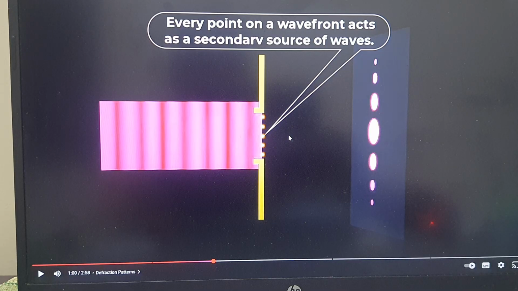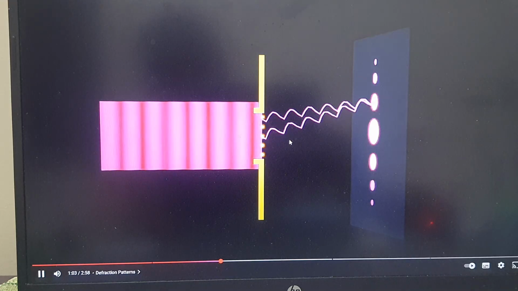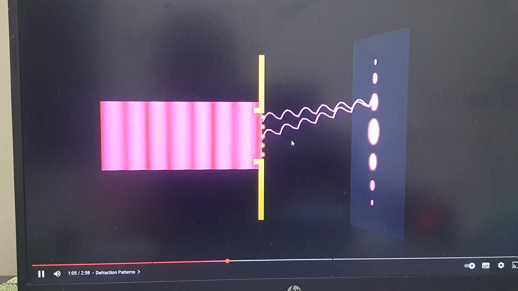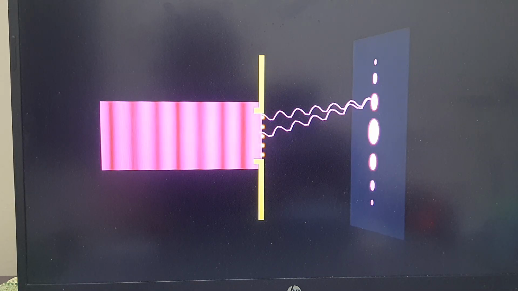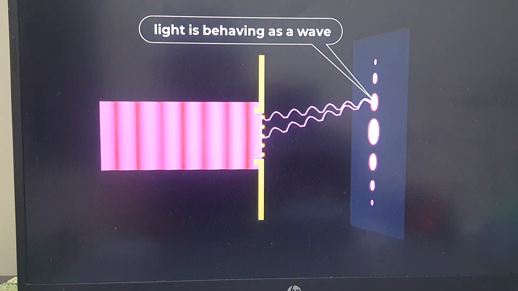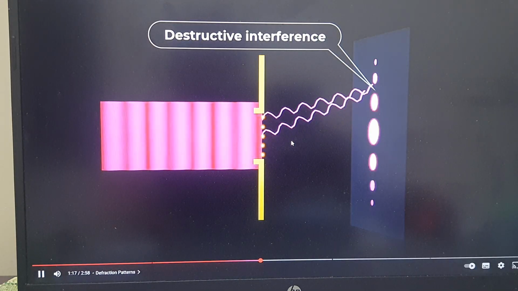So the wavefront acts as a secondary source of waves. These waves from different parts of the opening interfere and produce the diffraction pattern on the screen. This pattern indicates that light is behaving as a wave, interfering constructively at some points and destructively at others.